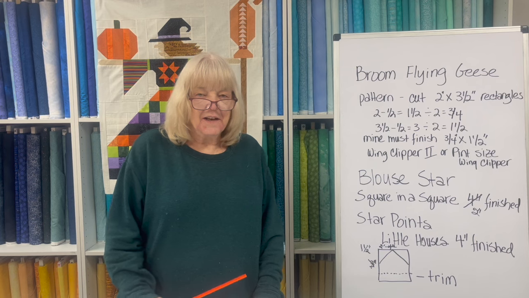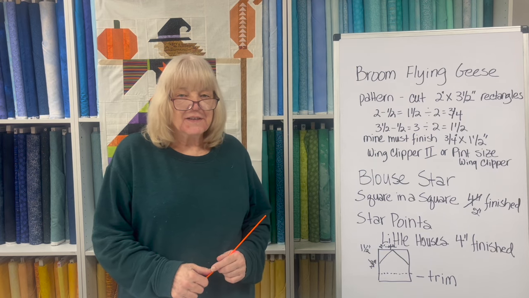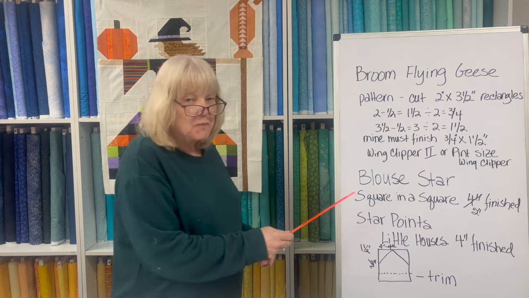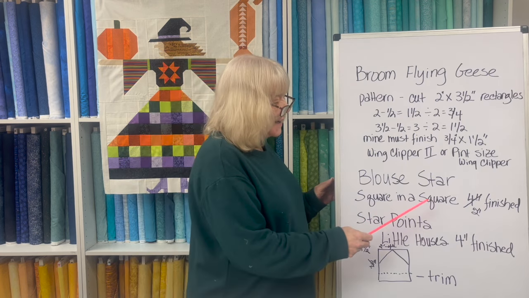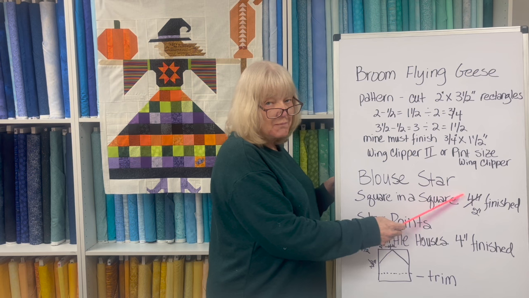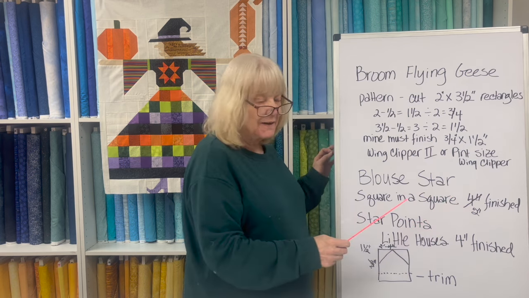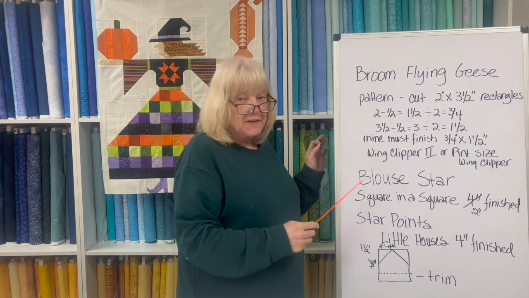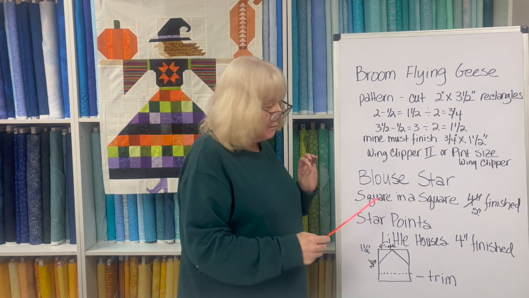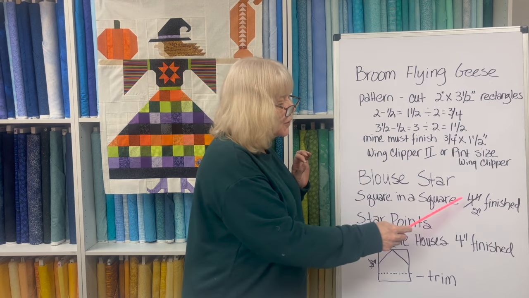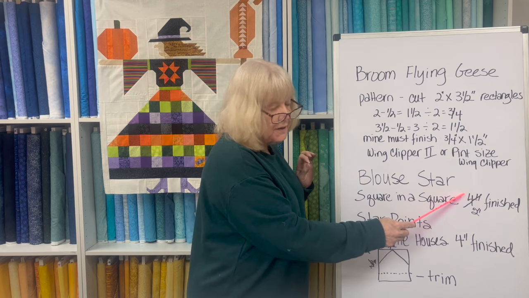The next thing I altered in the pattern is the star in the blouse. And when I wrote this board, I accidentally put in the numbers that were the original pattern. So I've crossed them out here. So the center of the star block is a square in a square unit, which was originally 4 inches.